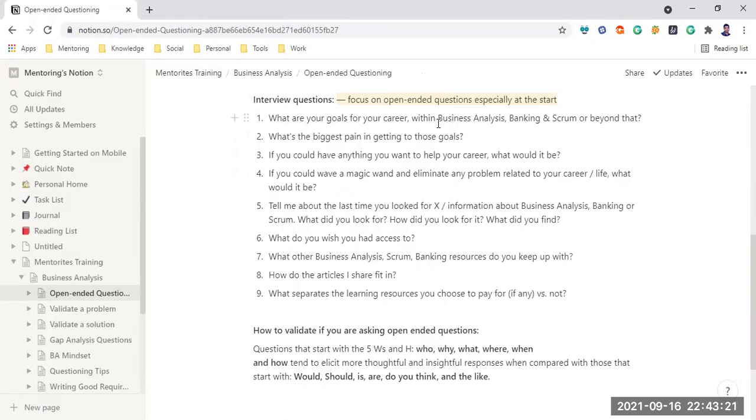I'm just trying to understand their goals. And then, what's their biggest pain point in getting to these goals? And if you could have anything you want to help your career, what would that be? I'm just trying to understand the key points they have.